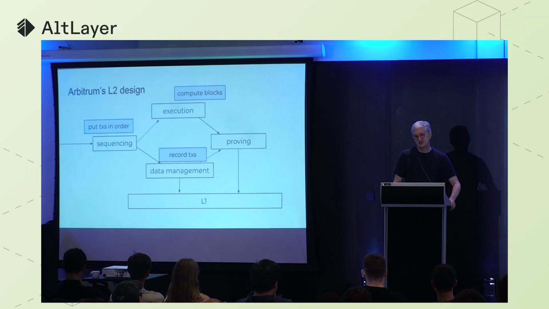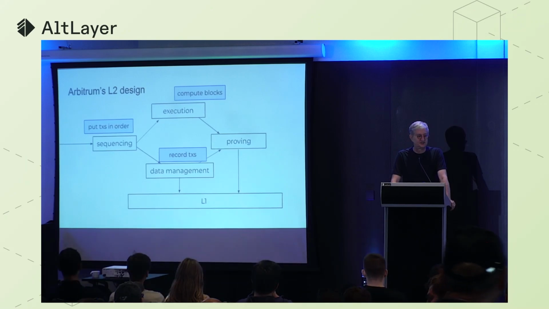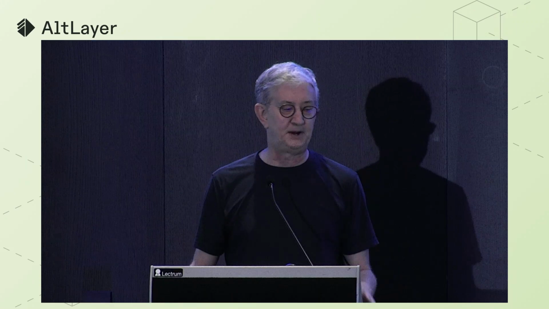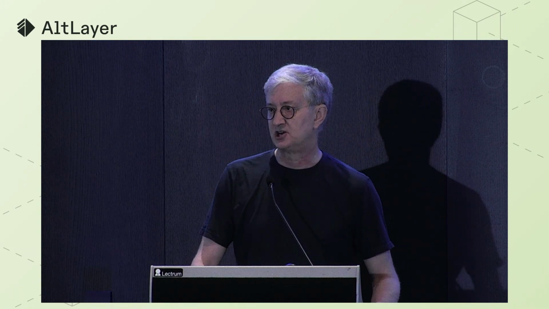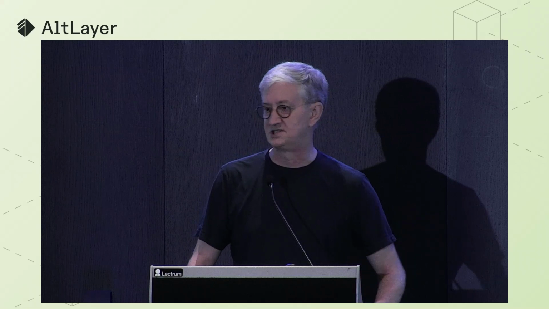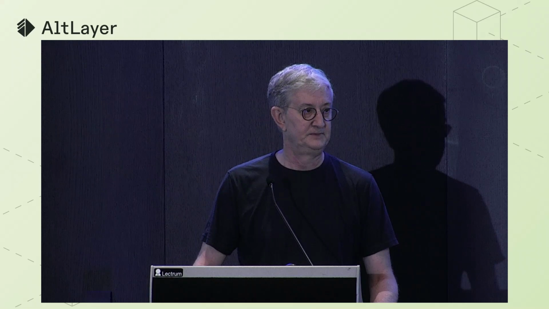The other place that those sequenced transactions go is to data management. And this is a part of the design of these systems that is often overlooked, but actually is really critical and poses some challenges that are unique to L2s. What data management does is it takes that sequence of transactions that have been emitted by the sequencer, and it causes them to be archived onto either L1 Ethereum or some other data availability layer.